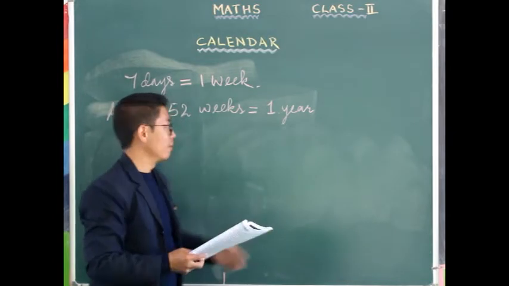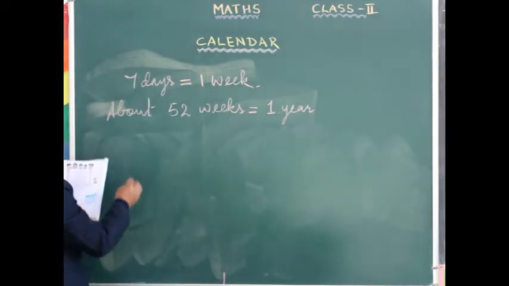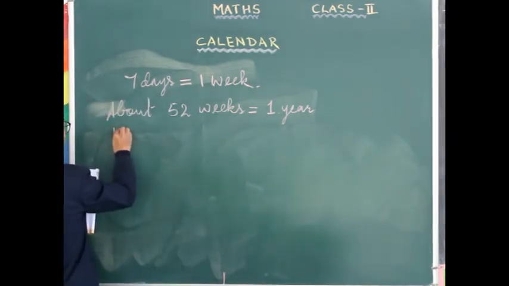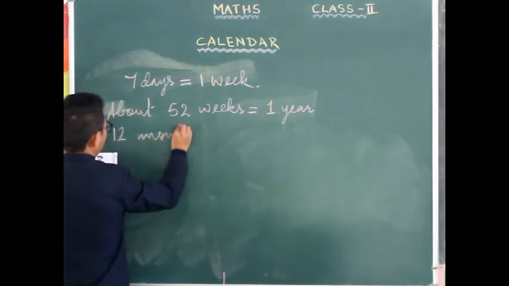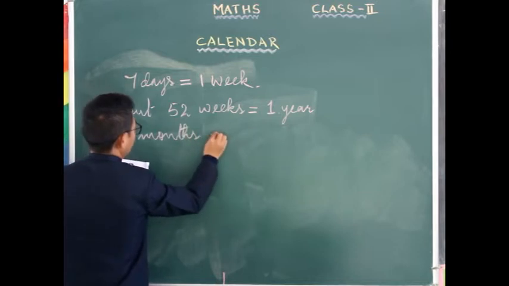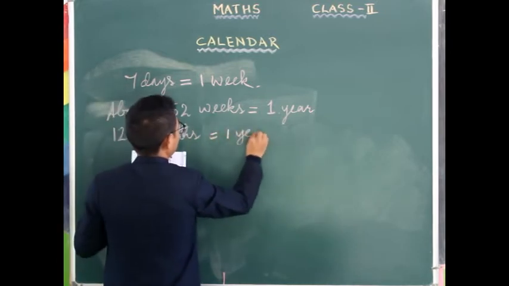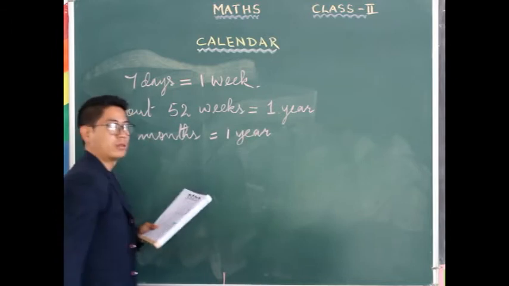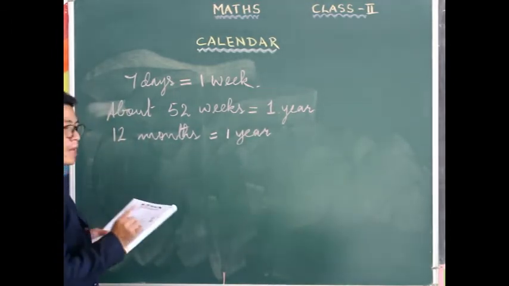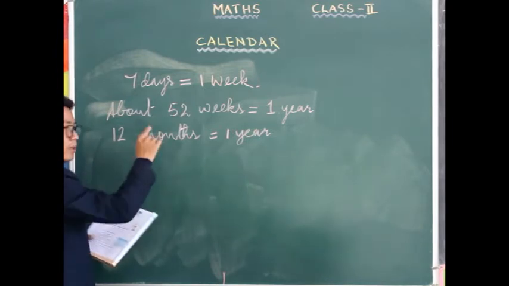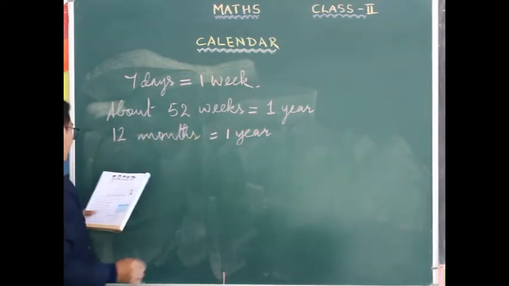Now, next, 12 months. We have already learned 12 months equals 1 year. This is exact: 12 months equals 1 year.